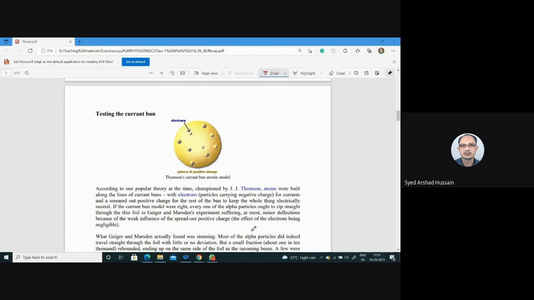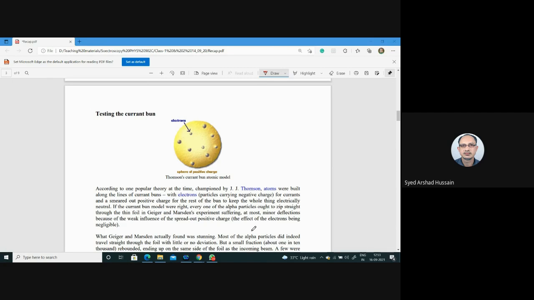Thomson suggested that atoms are very similar to a currant bun with electrons. Electrons are particles carrying negative charge, and positive charge is smeared throughout the bun, so that as a whole the positive charge and the negative charge of the electrons neutralize each other, resulting in the charge neutrality of the atom.